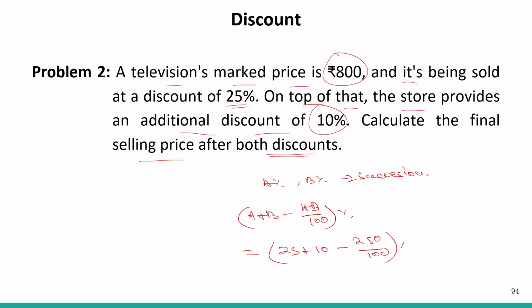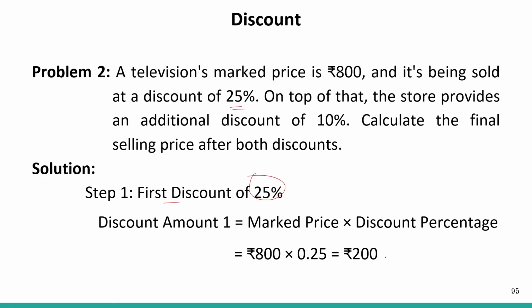This is equal to 35 minus 2.5, which is equal to 32.5. So this much percentage will be the final discount.